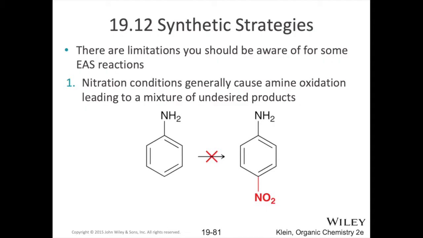They might not stay those substituents if you try to do a nitration. So in this case, for example, you have an amine, and if you do this under nitric and sulfuric acid conditions, concentrated nitric acid is a strong oxidizing agent. You might oxidize this amine, and it won't stay an amine. So you don't get this nice para nitro product.